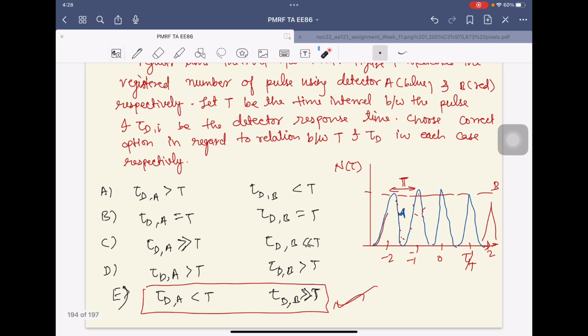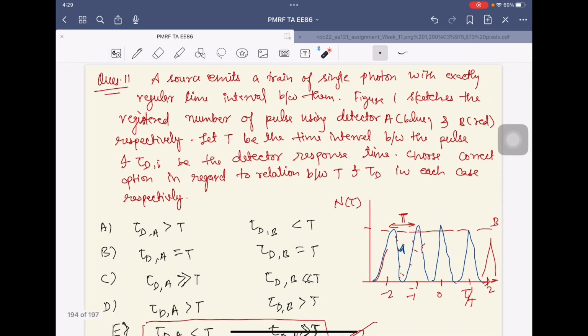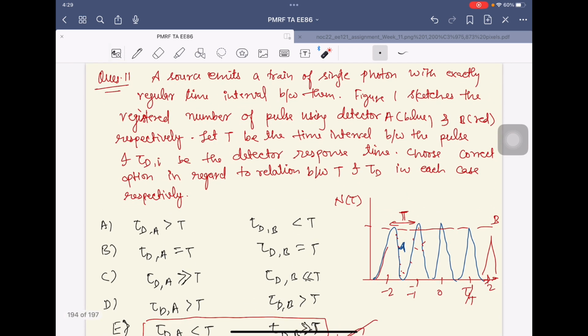The first option is tau dA greater than t and tau dB less than t. If tau dA is greater than t, then how can we measure with detector A? So this will not be the correct answer. Similarly, tau dA equal to t and tau dB equal to t is also incorrect. The right answer is tau dA less than t and tau dB greater than t. Then only can we detect this type of signal with the single detector.